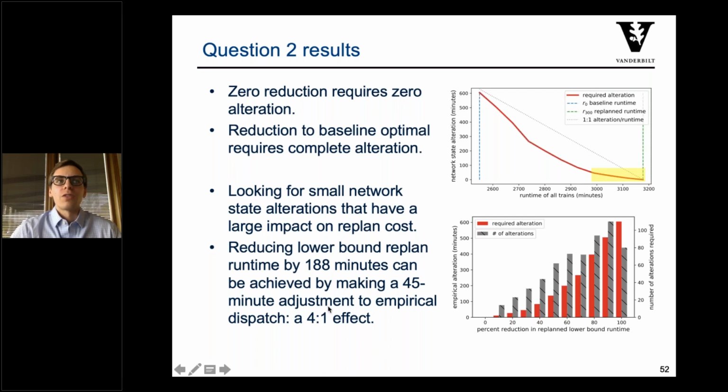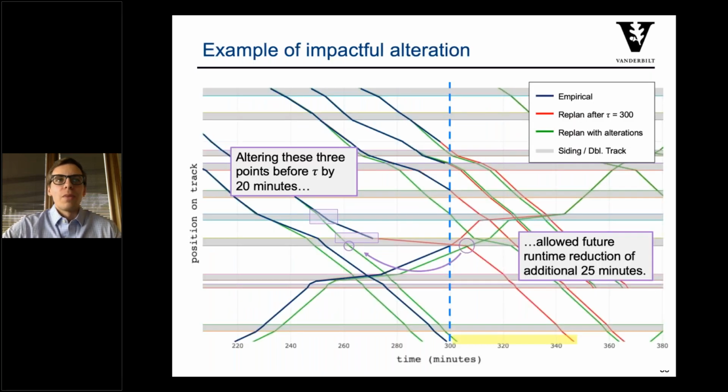So in this particular case, we can reduce the replanning runtime by over 3 hours by making a 45-minute adjustment to the network state. And what that looks like based on some empirical data, a very large portion of that is made up by this small change here. The initial replanning after time tau, what we're going to have to do from this point going forward, would have been this red string line.